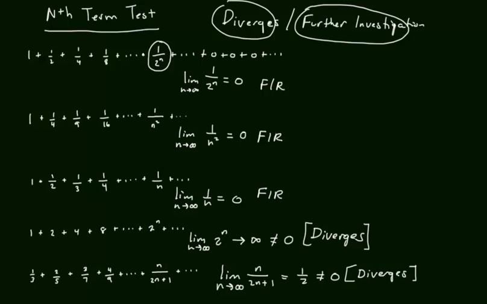Spoiler alert, this one, if we did another test, would prove to converge, but not based on the nth term test. It's just a spoiler. This one would converge, but this one here would diverge. And we would need another test other than the nth term test to decide. And that's what we're going to look at now in the rest of the video.